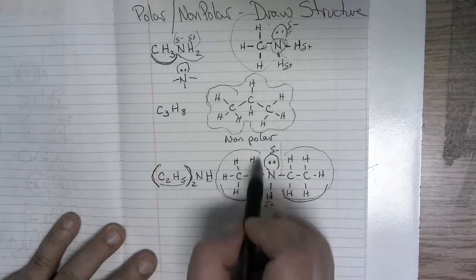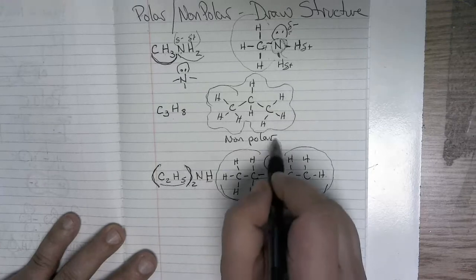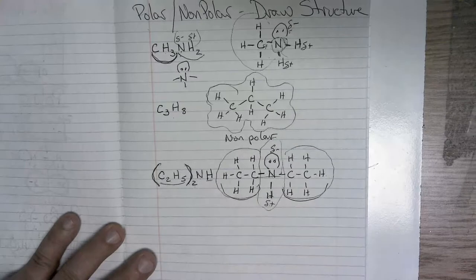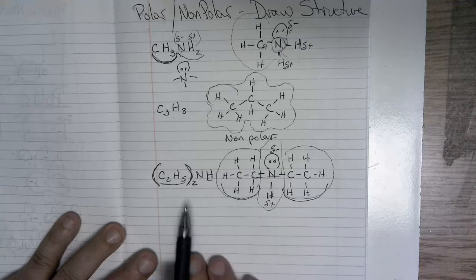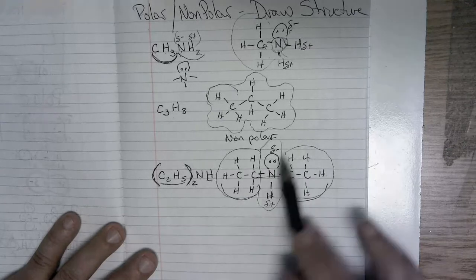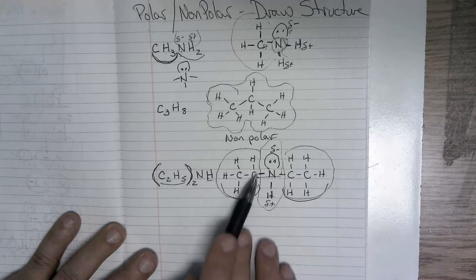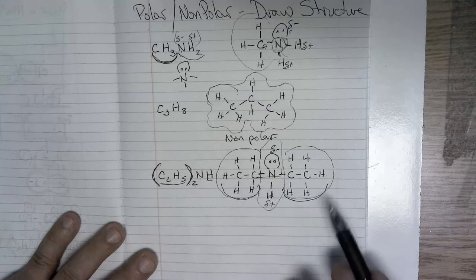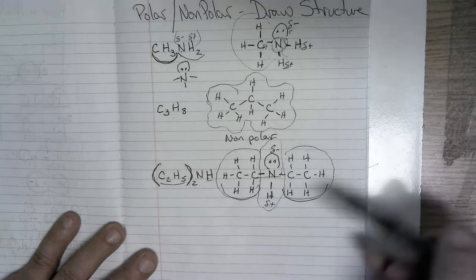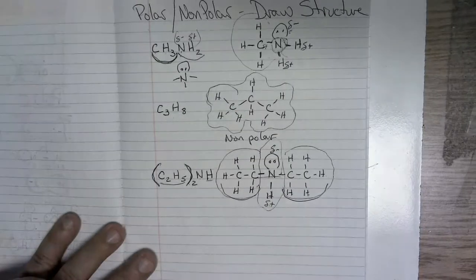But these guys right here in the middle, that creates a pole. I've got a negative side and a positive side. There's my polar region. Okay, so we're starting to see that sometimes molecules, as they get more complex, can have chunks that are nonpolar and can have chunks that are polar. And other molecules that are polar or nonpolar can then start interacting with them. So that's how we would tend to draw the structures.